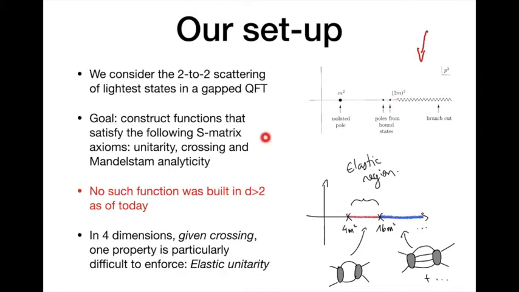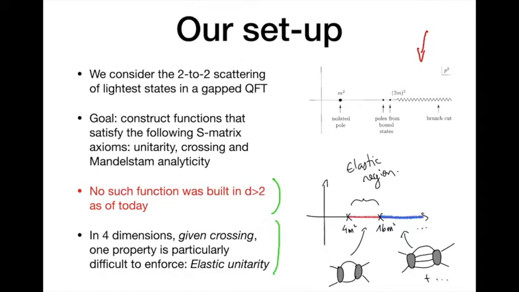And the goal is to construct functions that satisfy the S matrix axioms, unitarity, crossing, and some version of analyticity, which I'm going to make clear in case we study later. And the big problematic, the thing that this program tries to give an answer to, is that actually no such function was built as of today in more than 2 dimensions. We don't have even a numerical example. And the thing that's particularly hard to enforce is this notion of elastic unitarity given crossing symmetry.